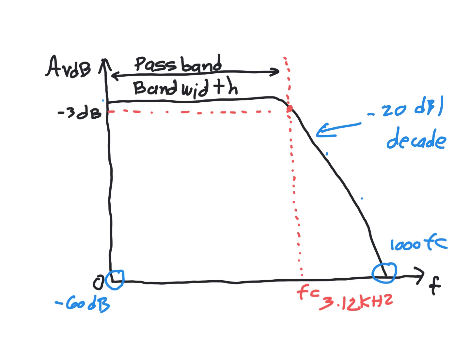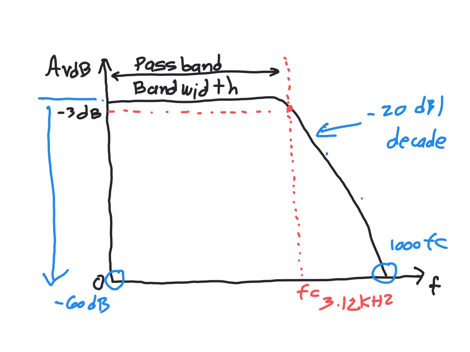All right, so whatever the gain, we're going to do an example, but whatever the gain is in the passband, it will be 60 dB less than that when the frequency is at 1,000 FC.